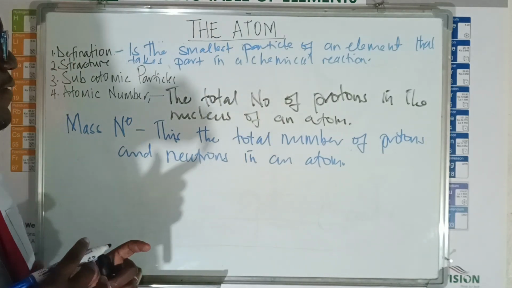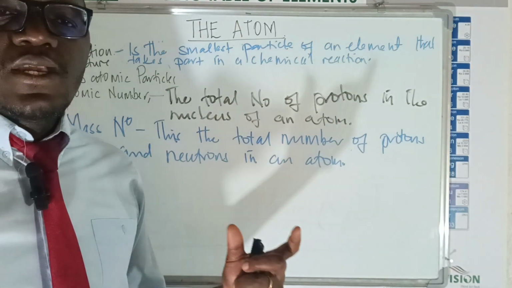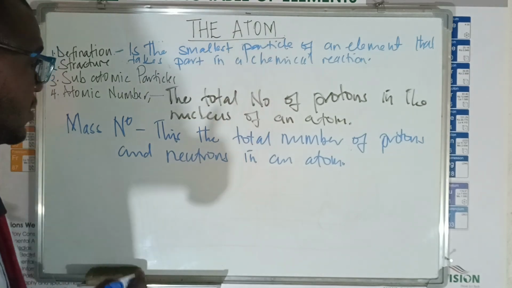So if an atom has 8 protons and 9 neutrons, then the mass number will be 17.